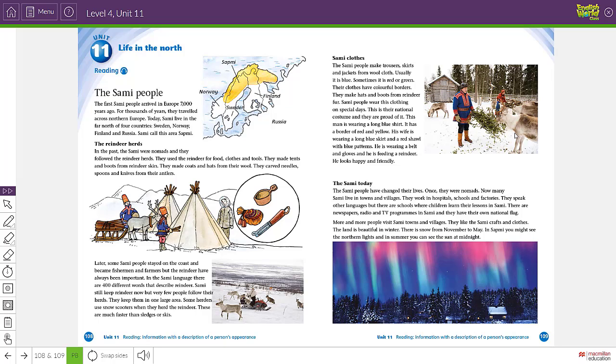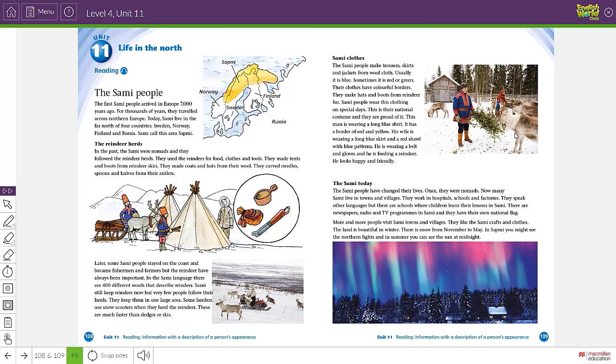Who can tell me what animals they keep? Excellent! They keep reindeer. And what do they use reindeer for? Try to get the answer. Yes, they made tents and boots from reindeer skin. What else?